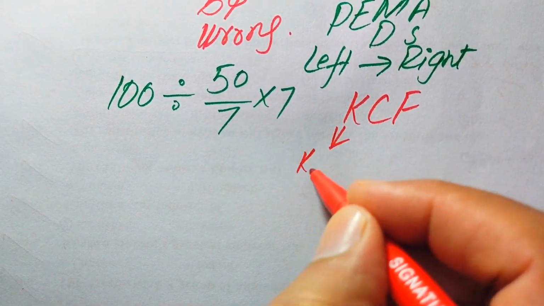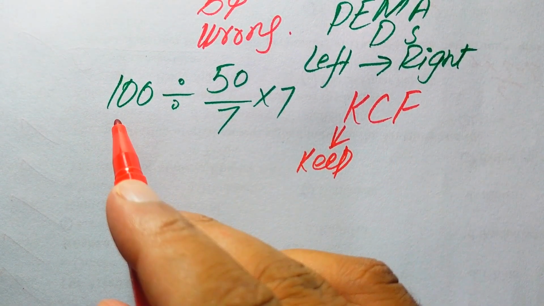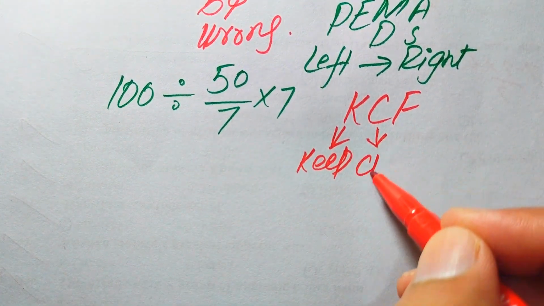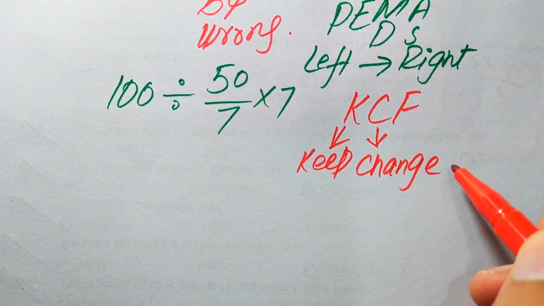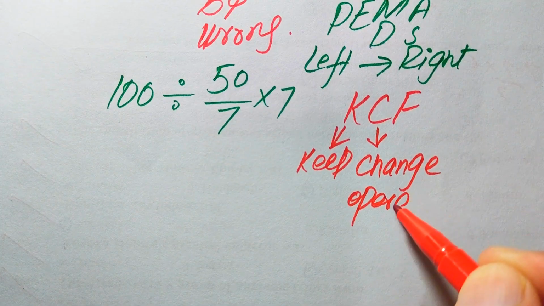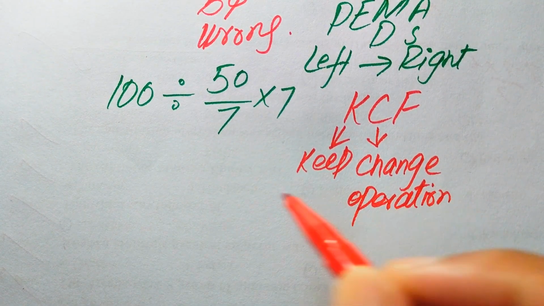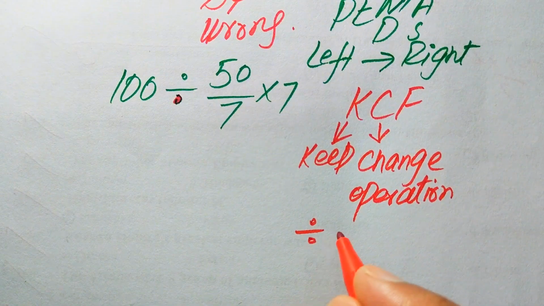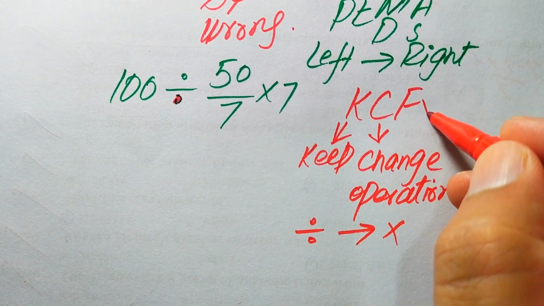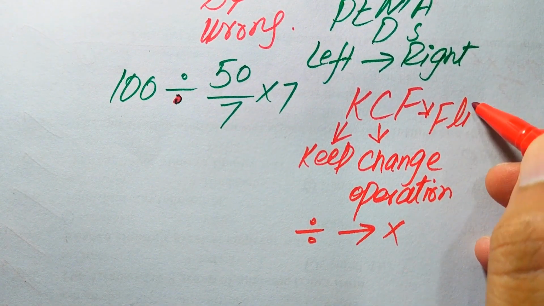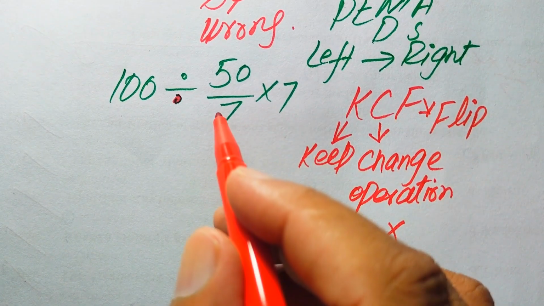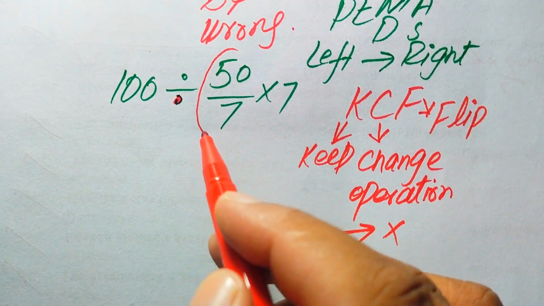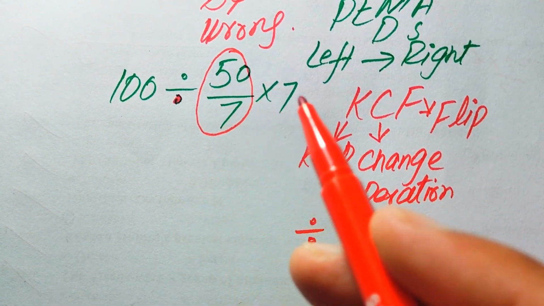Here K stands for keep the first term as it is, C stands for change the operation. It means that in the very next term is the operation, so we just change this operation, division, to multiplication, and at the last we flip the very next term. The very next term is 50, so we flip it. Flip means we just take the reciprocal of this term.